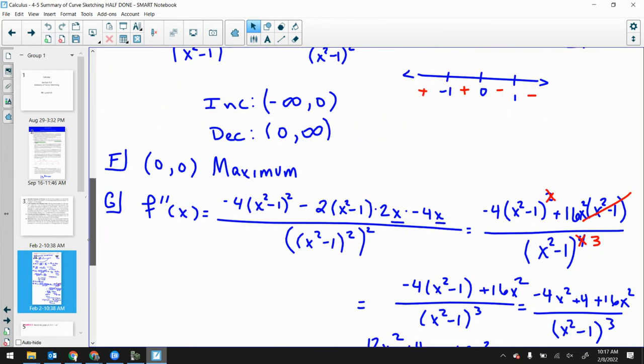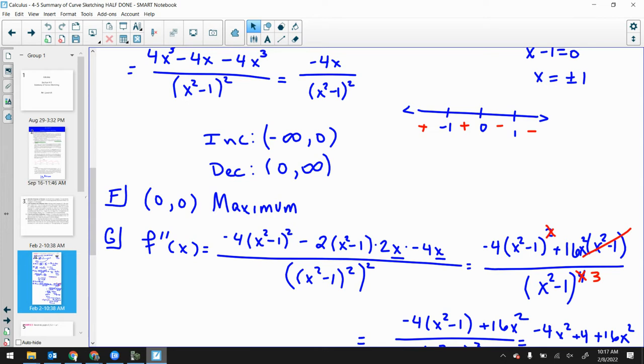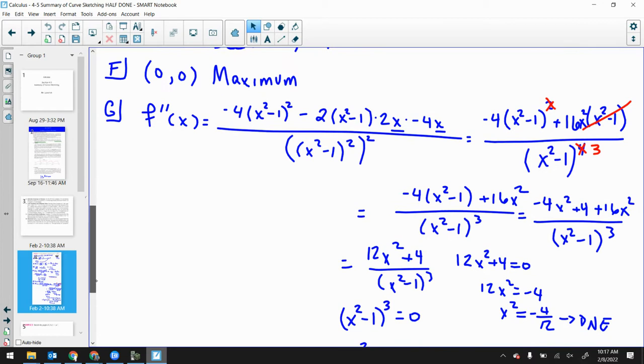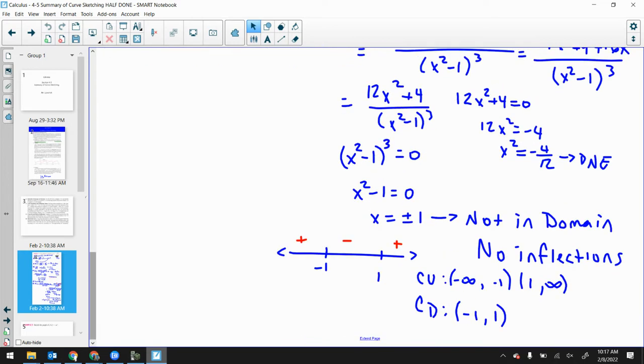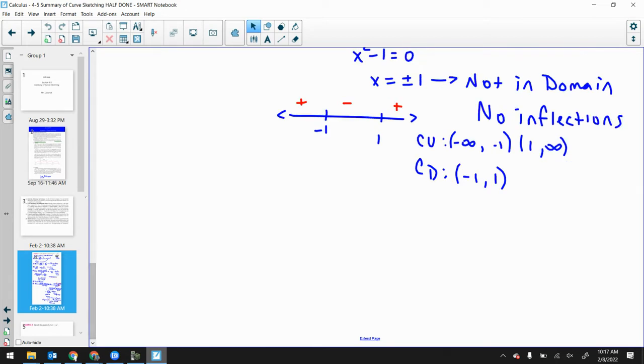It's always increasing from -infinity to 0, and always decreasing from 0 to infinity. Then we did that long process of finding f double prime just to find out that we have plus or minus 1, which is not part of our domain anyway. That could have been the inflection point, so we know that there are no inflection points. So now we graph.